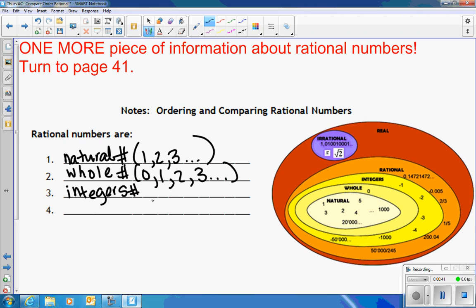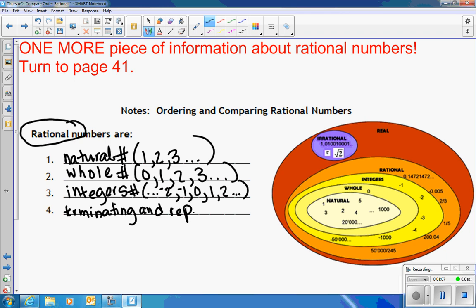And so that adds in negatives, and then of course your positives as well. And then lastly, to be considered the whole set of rational numbers, we also include terminating, which remember those are decimals that end, terminating and repeating decimals, as well as fractions.